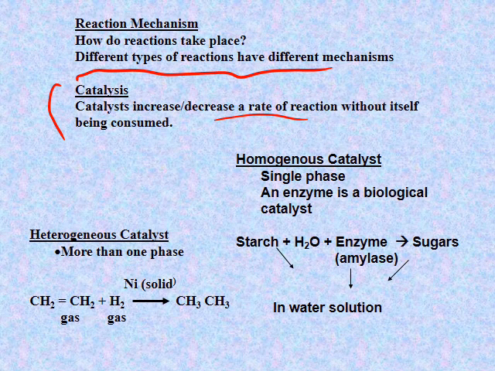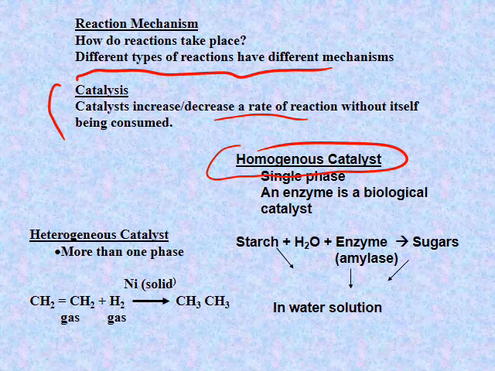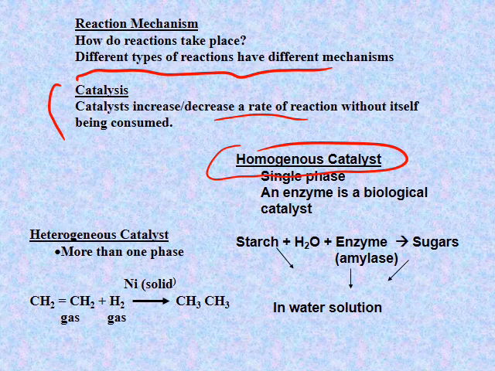Now, a catalyst could be of the following types. Homogeneous is a single phase. You do not even understand whether something is in the solution or not. Like alpha amylase is soluble in water, so if I put alpha amylase in water with starch, you do not realize that the enzyme is there, because it is completely soluble and I don't see any distinct phase.